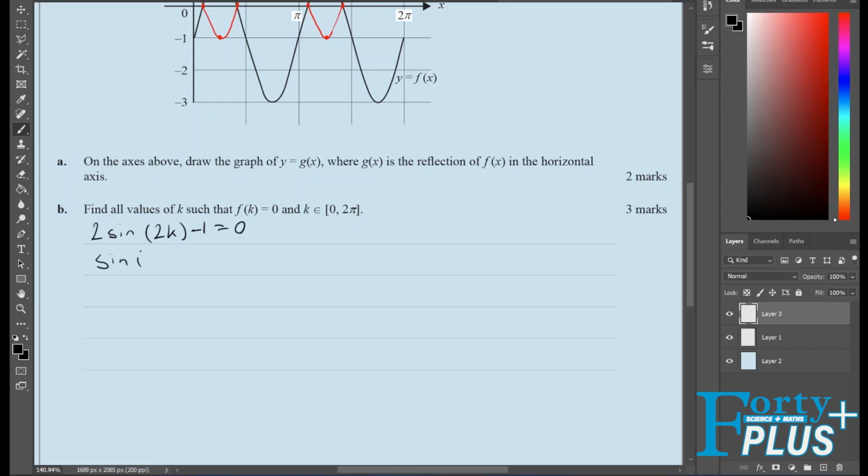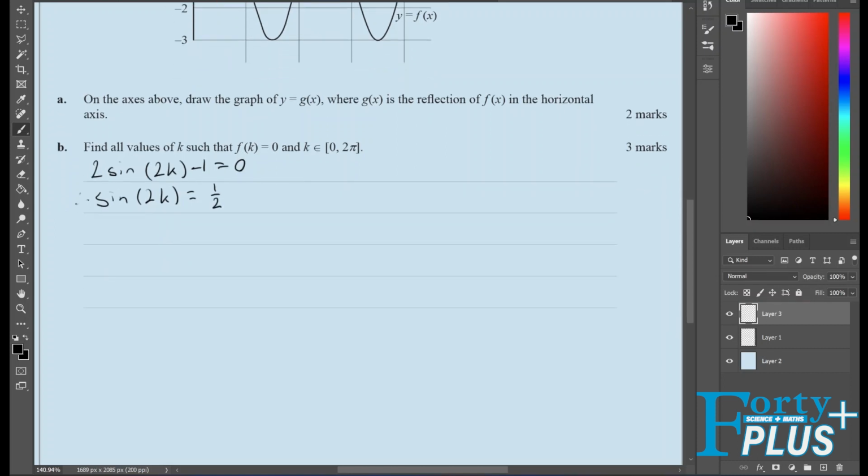Make the sine function the subject. Sine of 2k equals positive 1/2. Now we'll come down the bottom and draw out the triangle that we're going to be using. So the triangle we're going to use is the 1, 2, √3 triangle. And we can see the angle that produces an answer of 1/2 when it's paired with the sine function is pi on 6. So that is going to be our base angle.